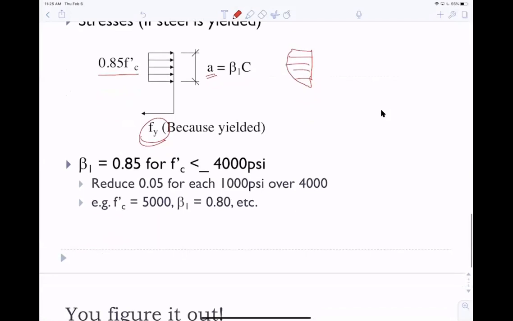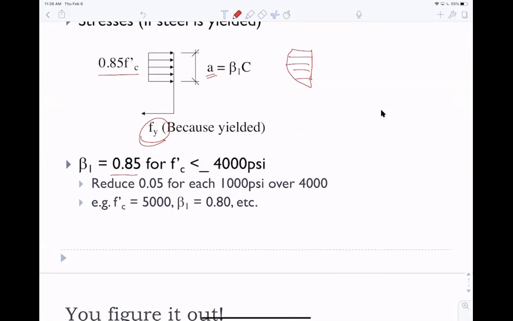We've not really talked about beta 1 in detail. Coincidentally, beta 1 is also 0.85 for concrete that's 4,000 psi or less. If you're over 4,000, you reduce it. The way I remember it is for every 1,000 over 4,000, you subtract 0.05.